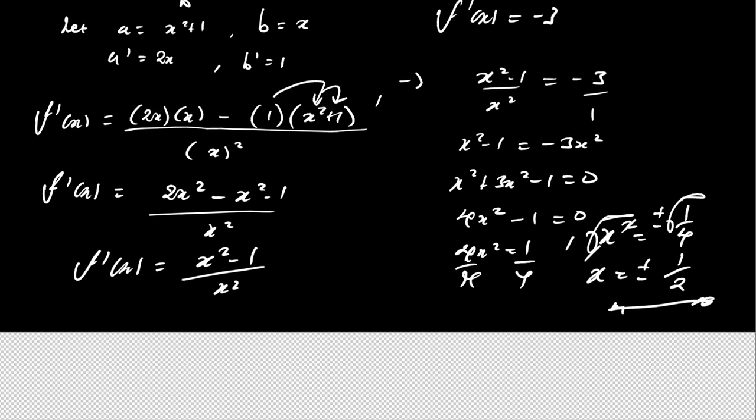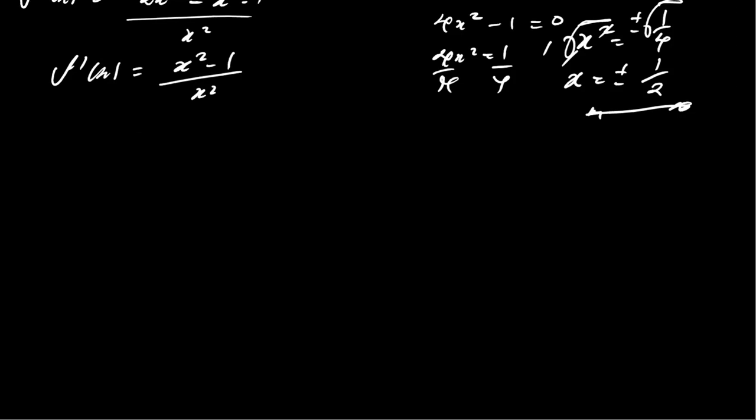Now that we have the values of x, we can find y to determine the coordinates. To find the coordinates, you take the values of x, plug them into the original function, and it will give us the value. So we know the first x coordinate is positive half, and the second x coordinate is negative half. We know f of x is x squared plus 1 over x.